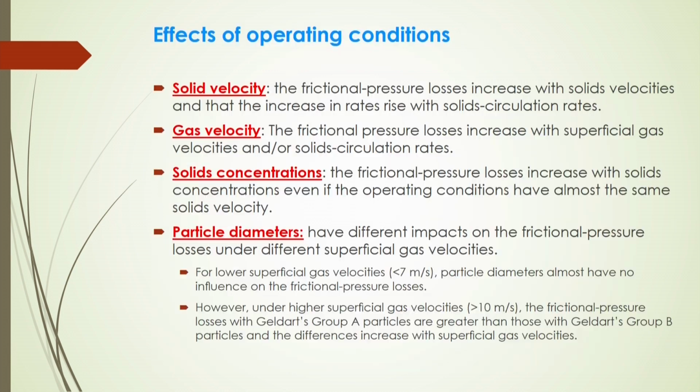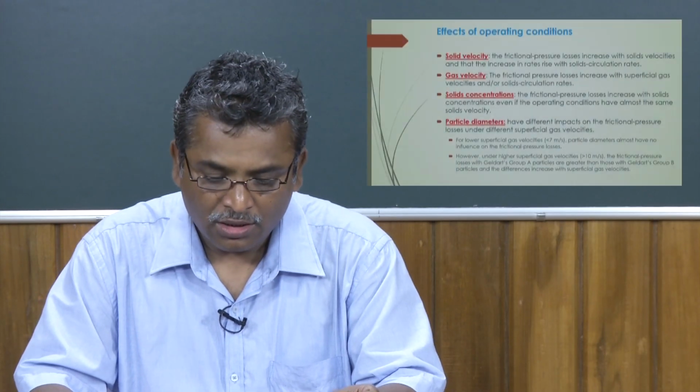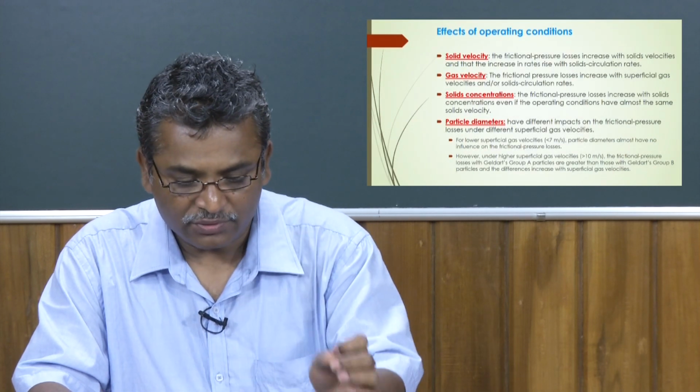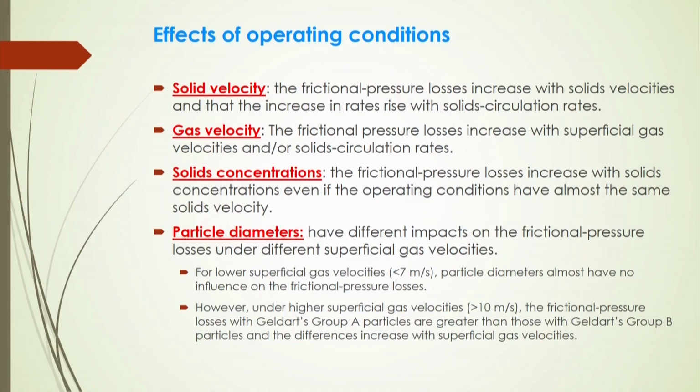it will increase with respect to gas velocity. Now, effects of operating conditions on the frictional pressure drop: if you increase the solid velocity, it is seen that frictional pressure loss increases, and the increase rises with solid circulation rate.